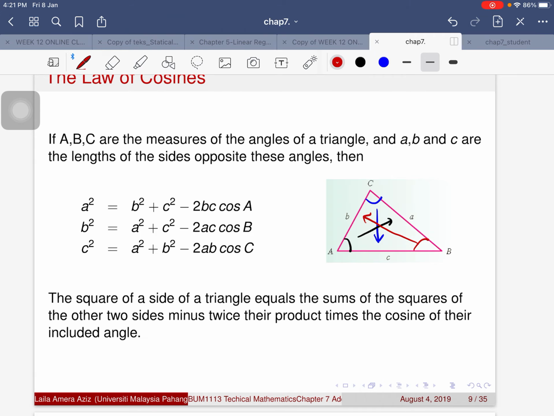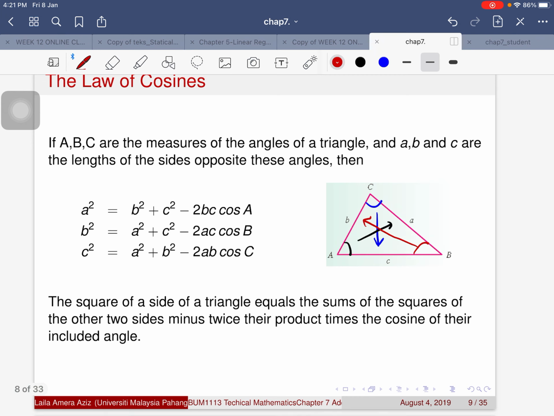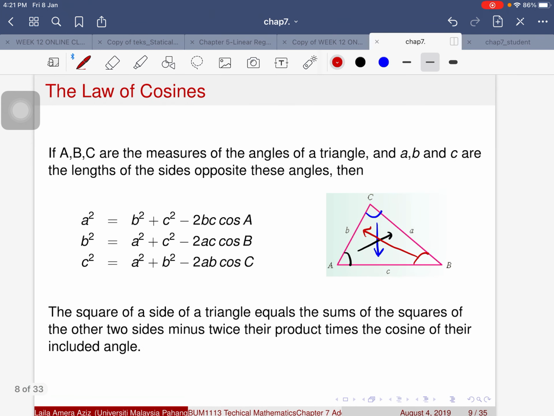So according to the law of cosine, a squared equals b squared plus c squared minus 2bc cos A, or you can apply any of these three formulas that we have over here. Basically, you need three pieces of information in order to use this formula.